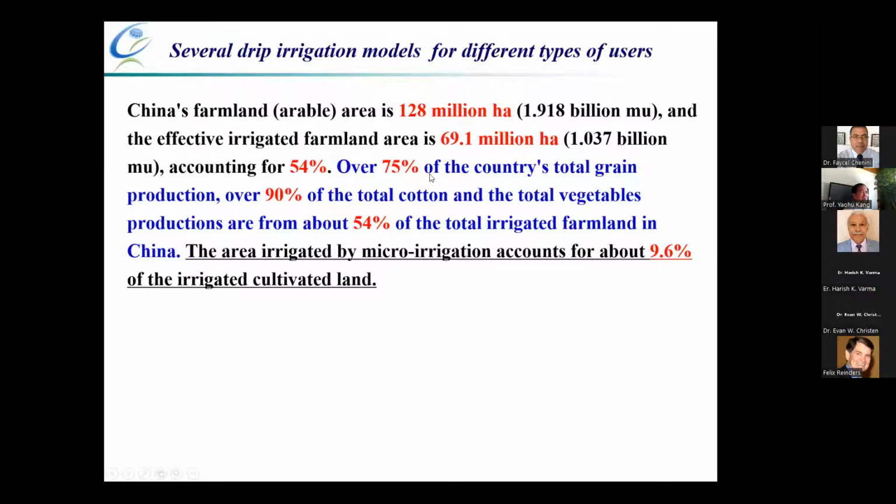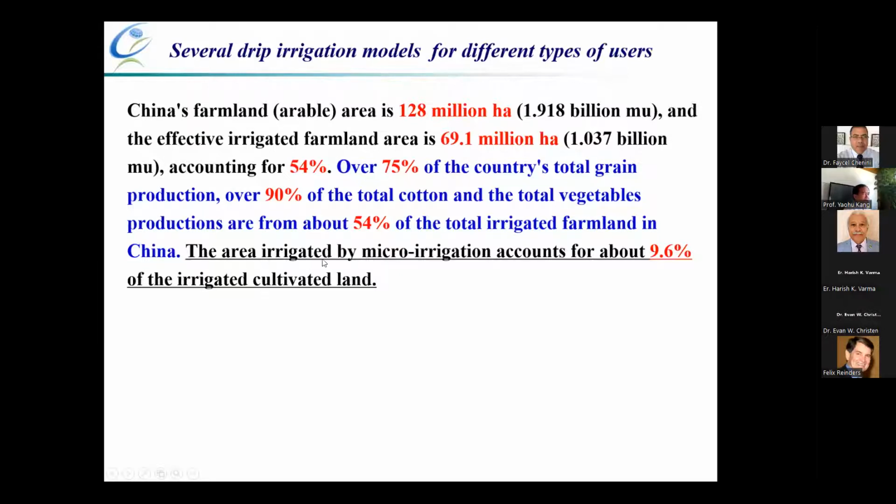Over 75% of the country's total grain production, and over 90% of the total cotton and vegetable production, are from about 54% of the total irrigated farmland in China.